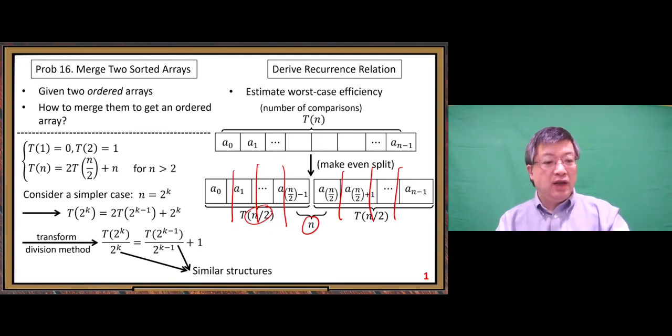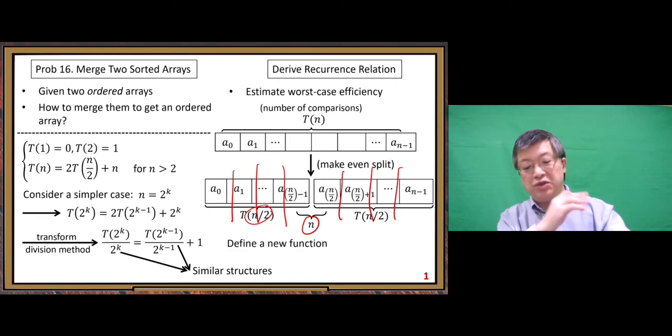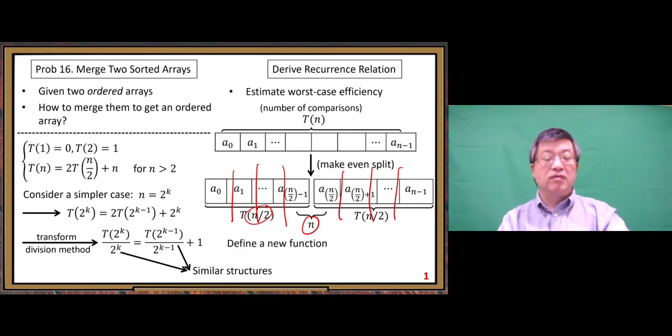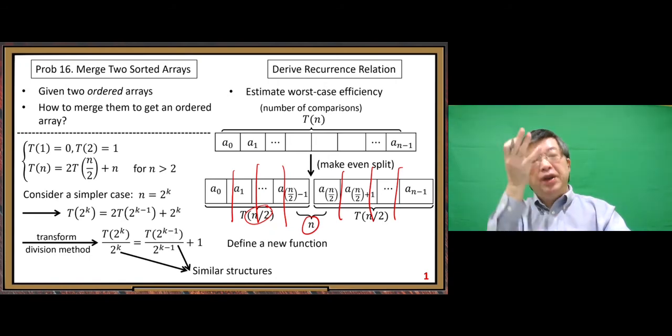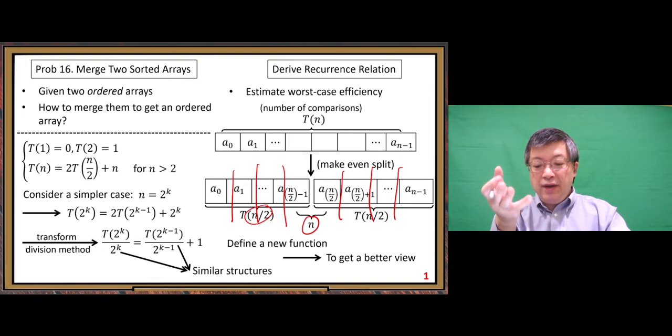So with that, now we can do some special thing. We define a new function, because with this structure, can we define a new function using this structure? If we can do that, then we will get a better view.